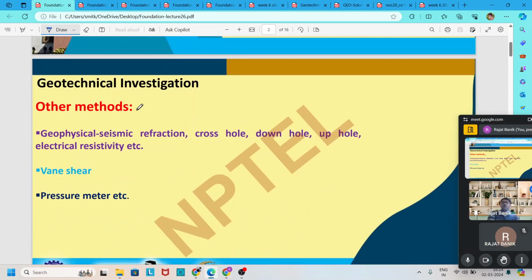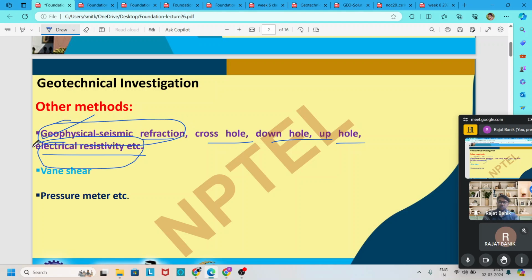In today's session we discuss the other types of geotechnical investigation methods, like the geophysical seismic reflection method, cross hole method, downhole method, uphole method, and electrical resistivity method. Of these, the seismic reflection method and the electrical resistivity method are the most popular.